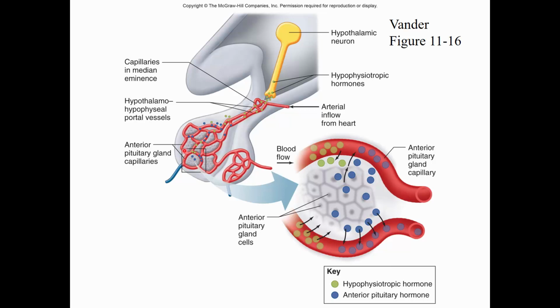And so when hormone from the hypothalamus binds to its receptors in the anterior pituitary, then the anterior pituitary produces a second hormone. And this is shown in greater detail here. Hormones come from the hypothalamus, bind to receptors, and then the cells in the pituitary release hormone that goes into the venous blood.